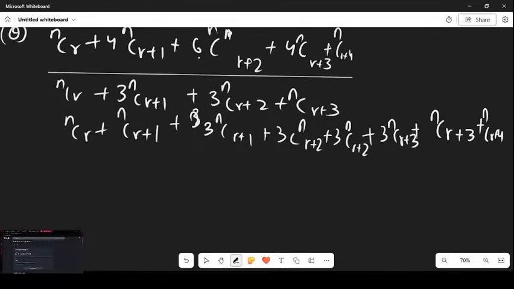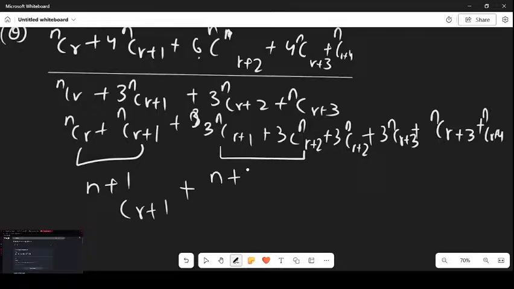Alright. What is this? (n plus 1)C(r plus 1) plus this could be written as (n plus 1)C(r plus 2). Yeah, I guess something will get cancelled. Yeah, definitely this is a durable method. So here I'm just going to take 3 common, and here we will get C(r plus 2).